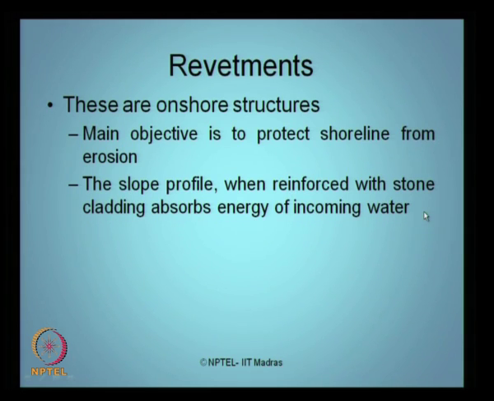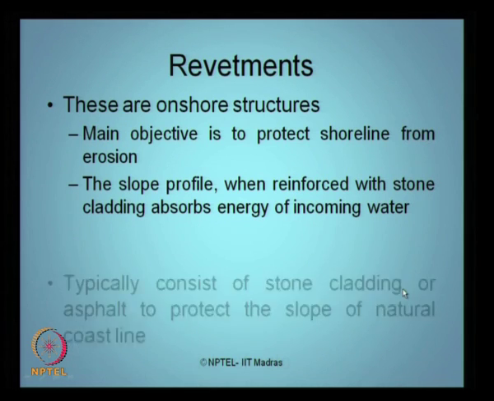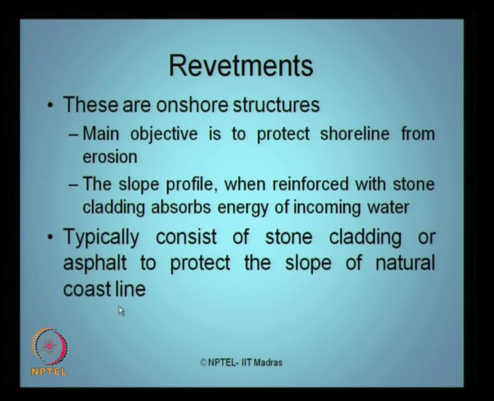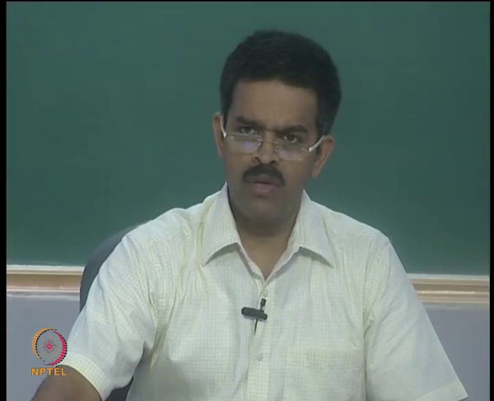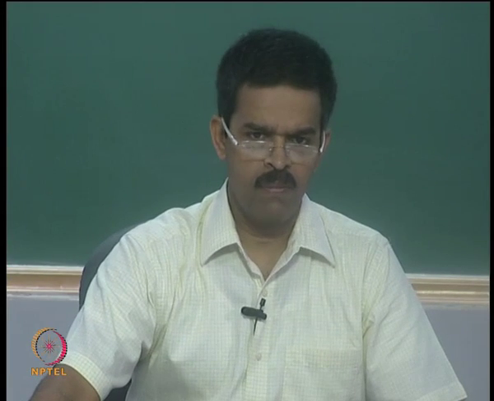So, the investment in revetments is not very large compared to that of the reinforced concrete construction which has been done for sea walls and dikes. They are stone rubble slope lining, done as stone cladding, which absorbs energy of the incoming water. However, stone cladding or asphalt to protect the slope of the natural coastline remains effective only for a very short service period of its life.